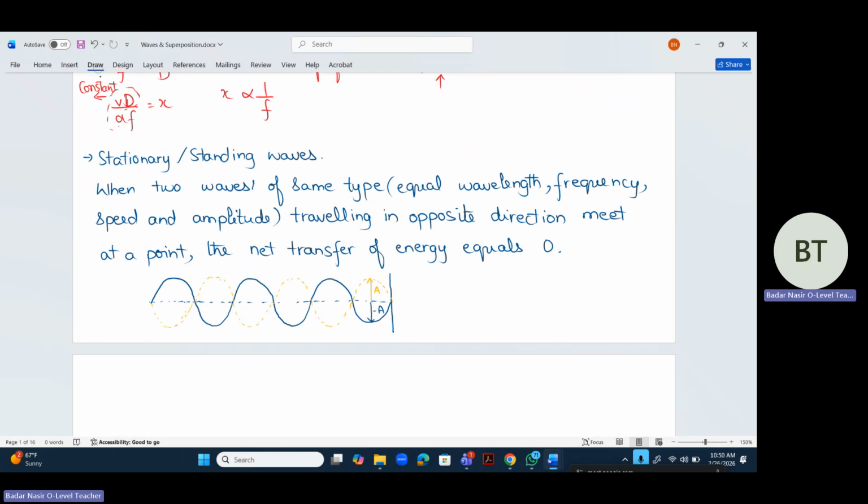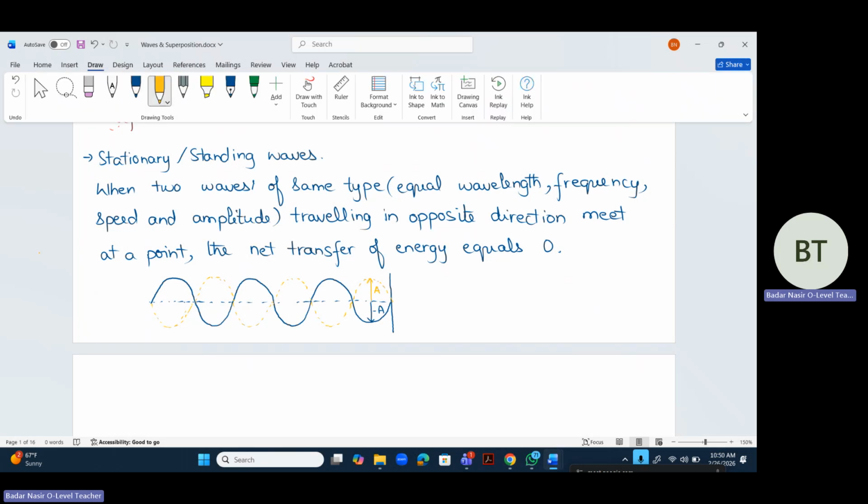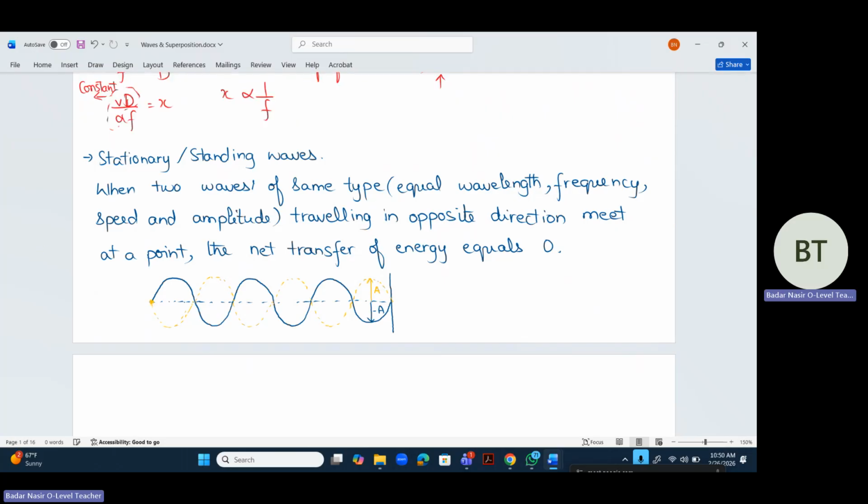Now we are going to talk about nodes and antinodes. So this point is called a node. Nodes को मैं capital N से denote कर रहा हूं. And all these points are the nodes. And what is an antinode?